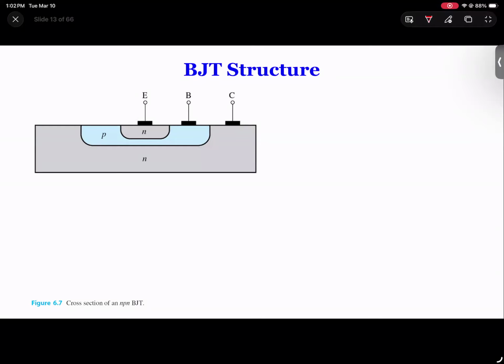So the BJT is not a bidirectional device. Remember, the MOSFET we built, I just want to draw the same thing here. The MOSFET builds a channel, because the MOSFET is electrical, bidirectional device.